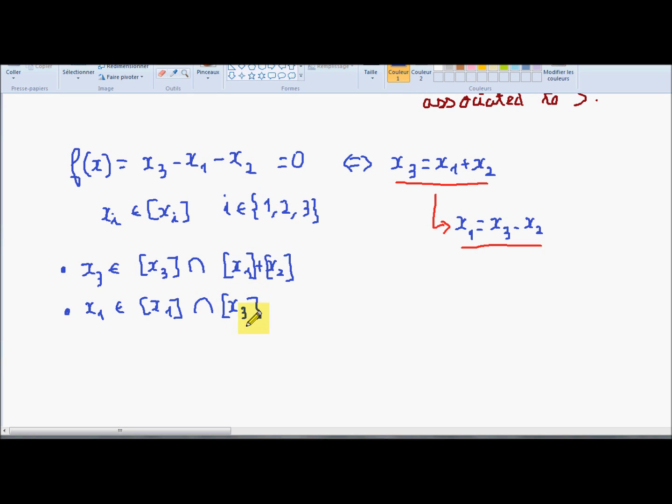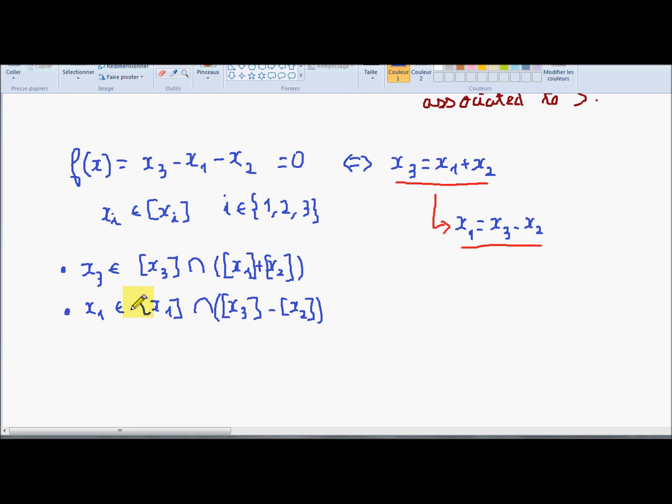This can be computed using interval arithmetic rules. So I have explained how I contract x3 and x1, and now I use the last one.